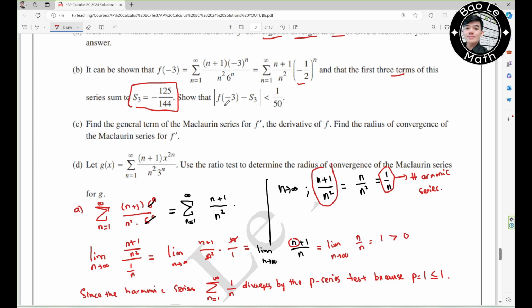Show that the absolute value of f of negative 3 minus s3 is less than 1 over 50. So this is actually the error bound. Alright, and this is an alternating series.